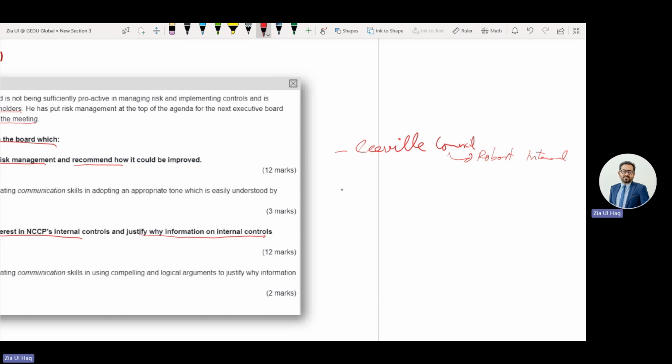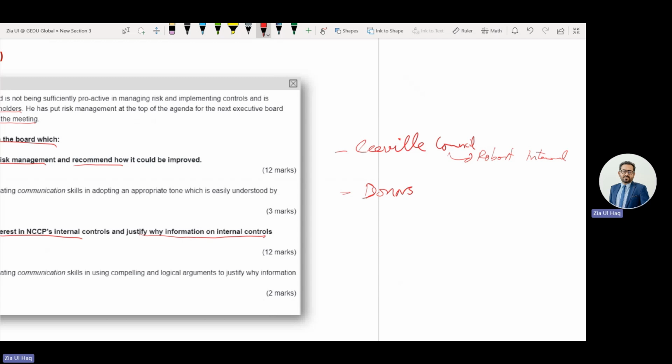Who else? External stakeholder, donors, who are providing money to the company. And there is some bad publicity in the society as well, like charities misusing the funds. That's why our donors' money has decreased as compared to previous year. So what does the company need to do?